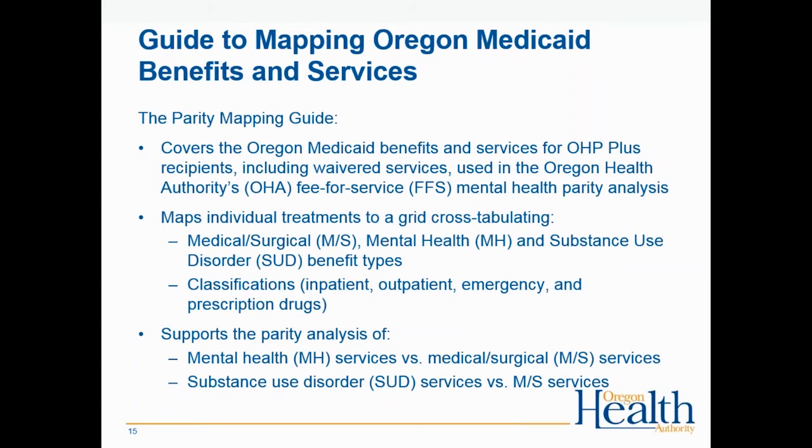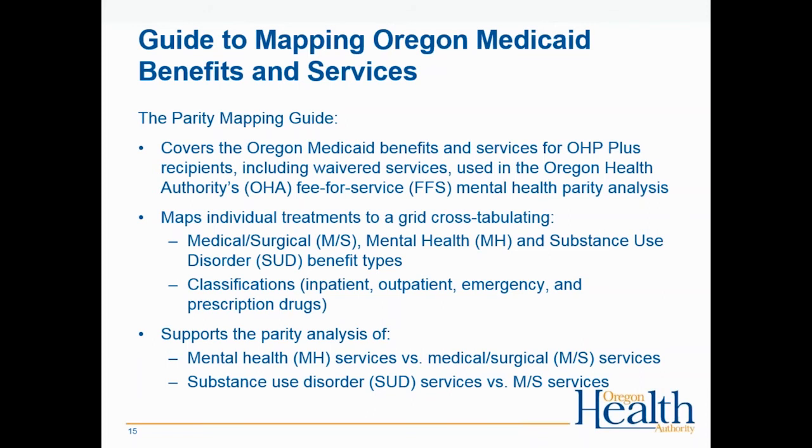We have provided a guide to mapping Oregon Medicaid benefits and services, and understand that this is an internal document that we've developed for analyzing fee-for-service services. Really what we're doing is looking at how Oregon Health Authority understands the division in terms of mental health, SUD, and also the different categories or classifications, outpatient, inpatient, et cetera.